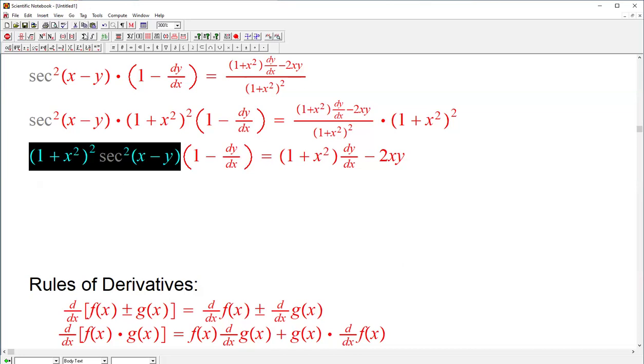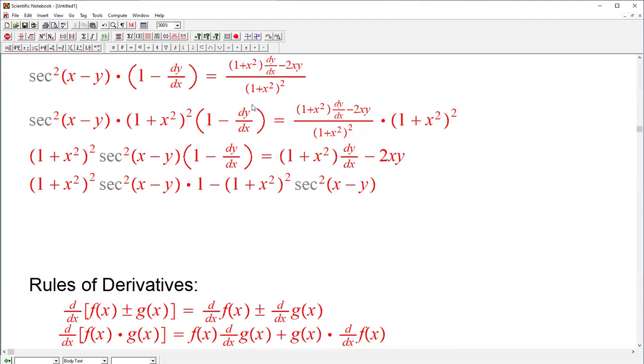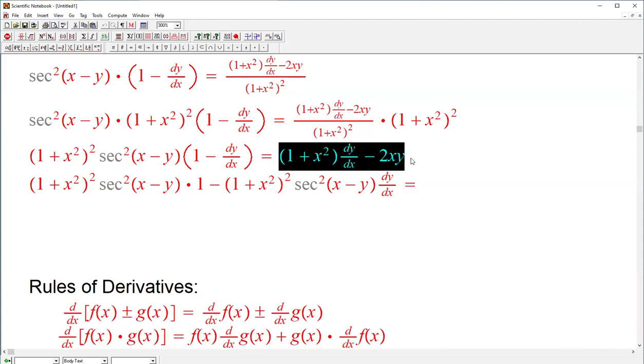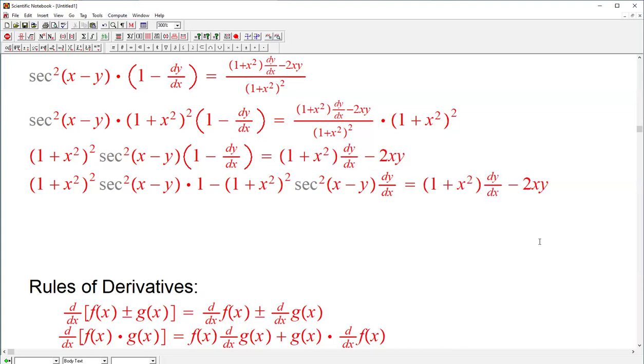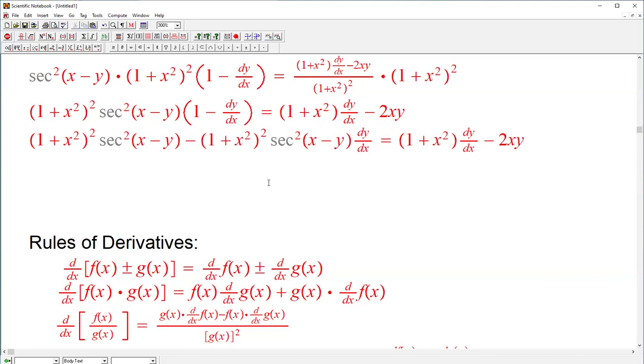Okay, so we're going to take the whole of it, multiply 1, subtracting the whole of it, multiply dy dx. That's equal to, on the right-hand side, we do nothing. We do nothing. Okay, so now I can remove this times 1 for simplicity.